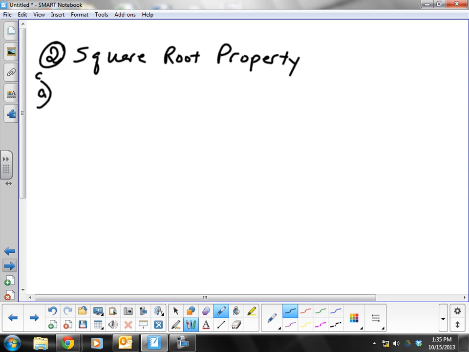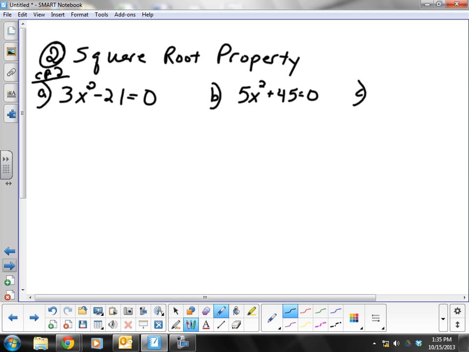So checkpoint 2. I'm on page 265 if you're keeping up with me. I've got 3x squared minus 21 equals 0. And then it's got a part B: 5x squared plus 45 equals 0. And part C: x plus 5 squared equals 11.